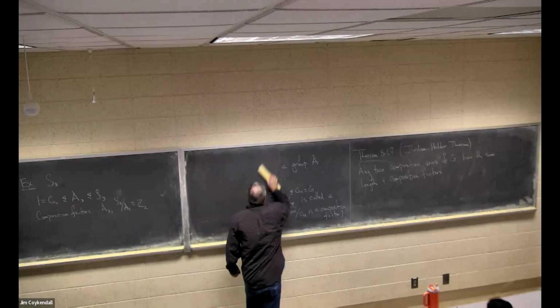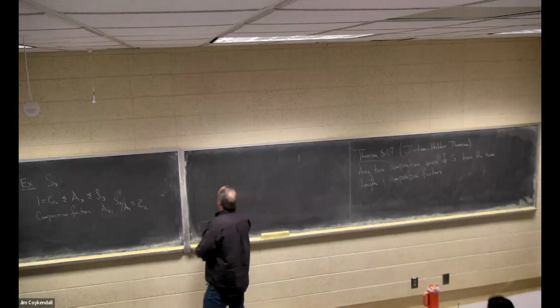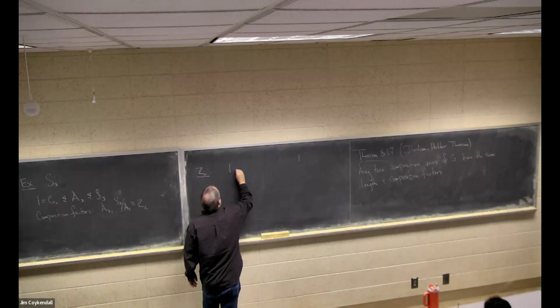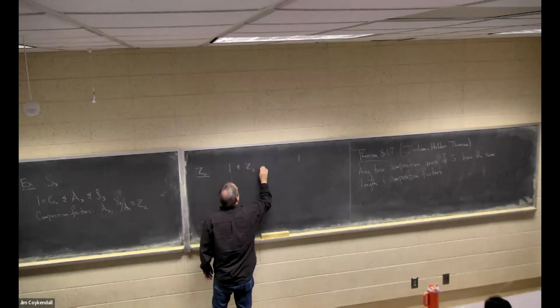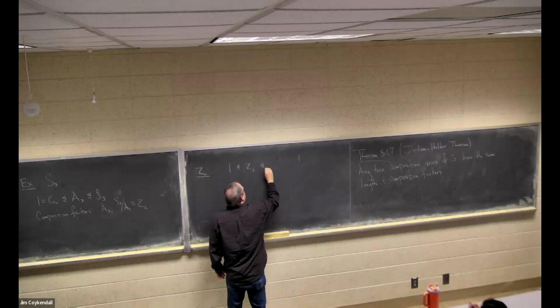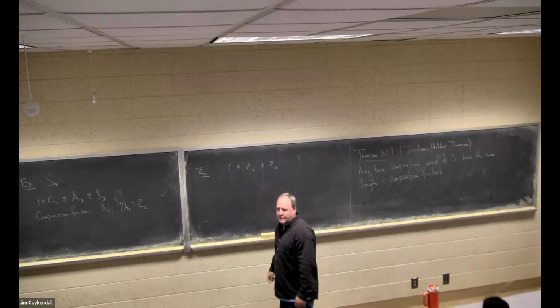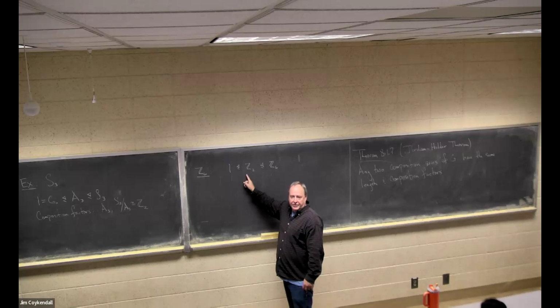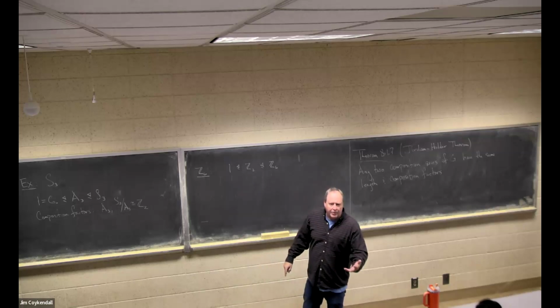Let me contrast this with Z6. There's a composition series for Z6, right? I don't have to worry about normality here because any subgroup's normal.